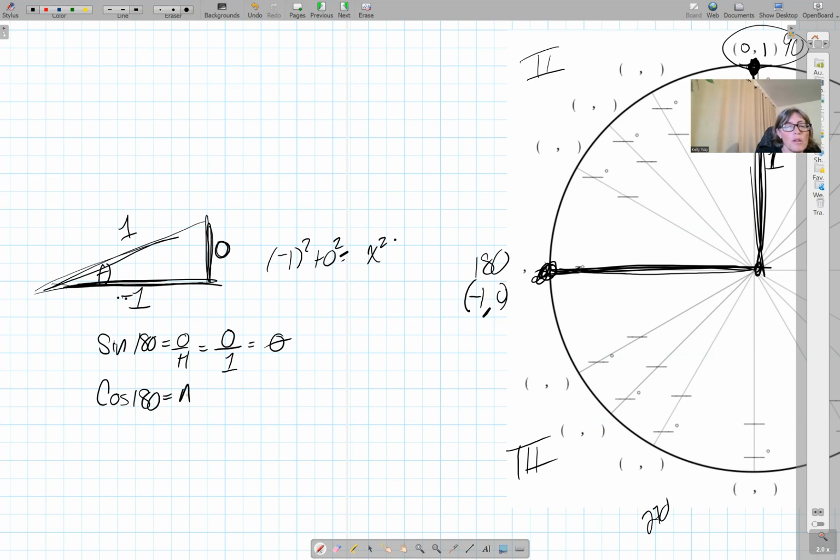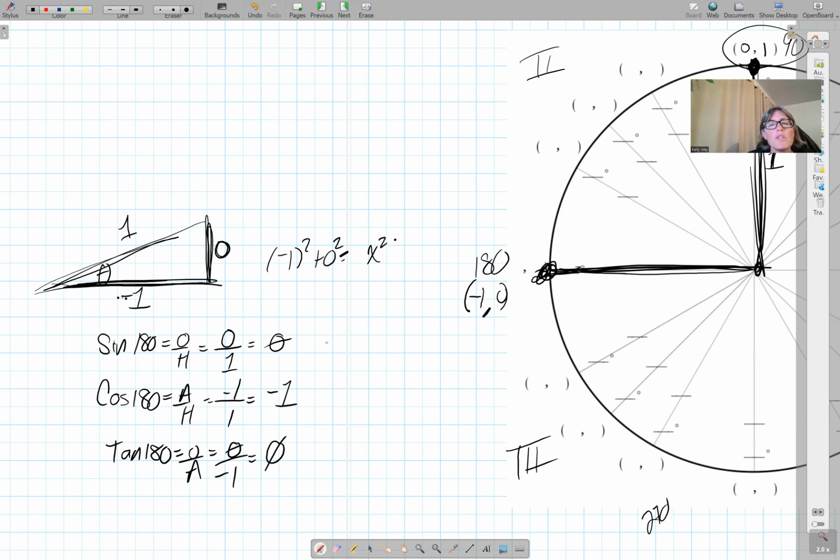That's going to be -1 over 1, so it's -1. Tangent of 180, opposite over adjacent. Our opposite is 0. Our adjacent is -1, and you get 0.